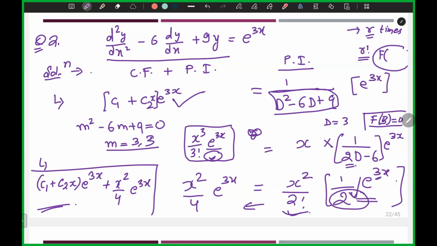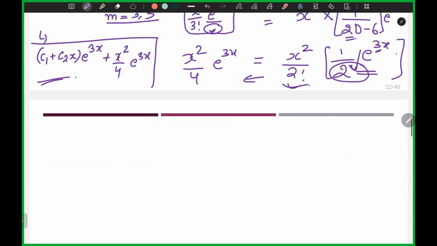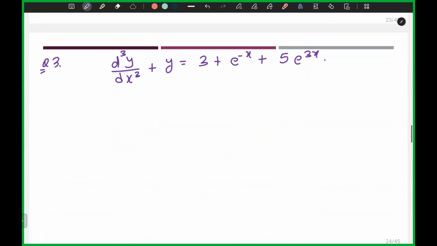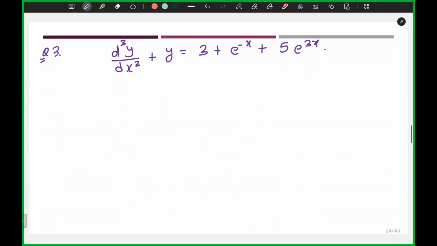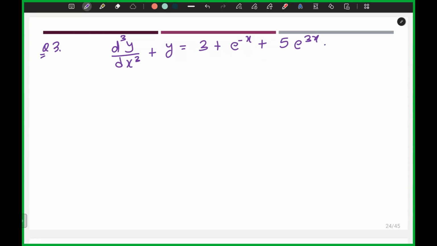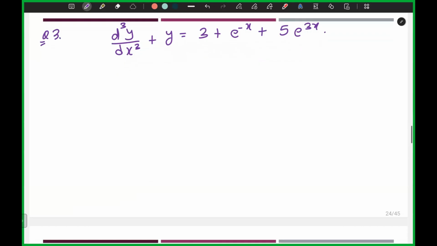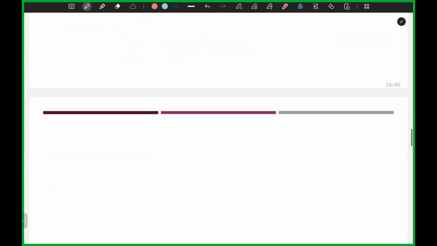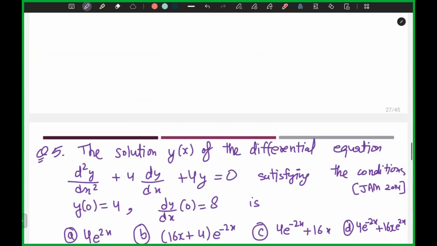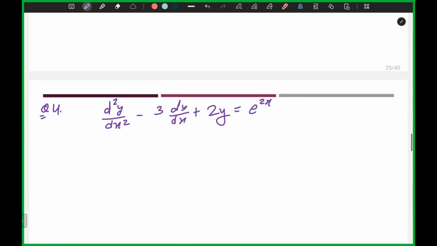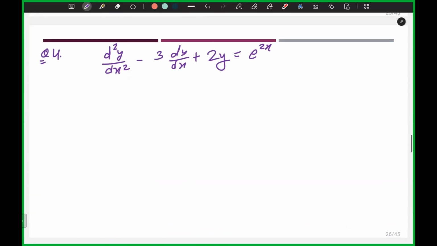Okay, coming to the next question. You can take a screenshot of this question and you can try. Okay, sir, I'm trying it as a full solution. Yes, for the full solution, you can also try this. Sir, can you send the PDF?